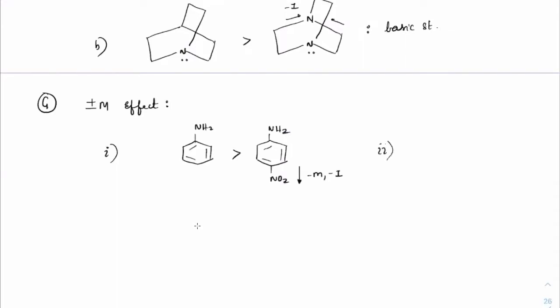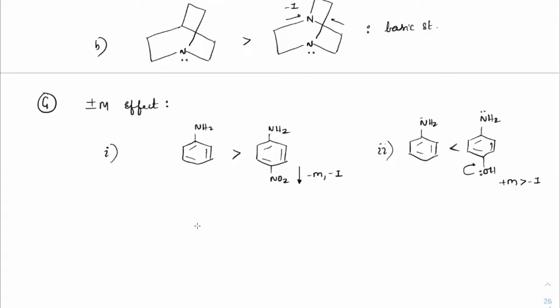Same way, if we check out NH2 and compare that NH2 with OH group present on it, right? And I'm checking the basic character. So OH is a donating species with plus M. Plus M is more dominant than its minus I. So which one will be more basic?